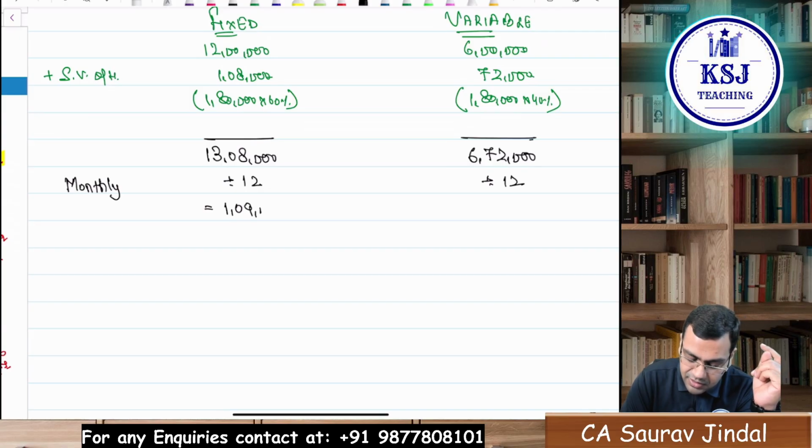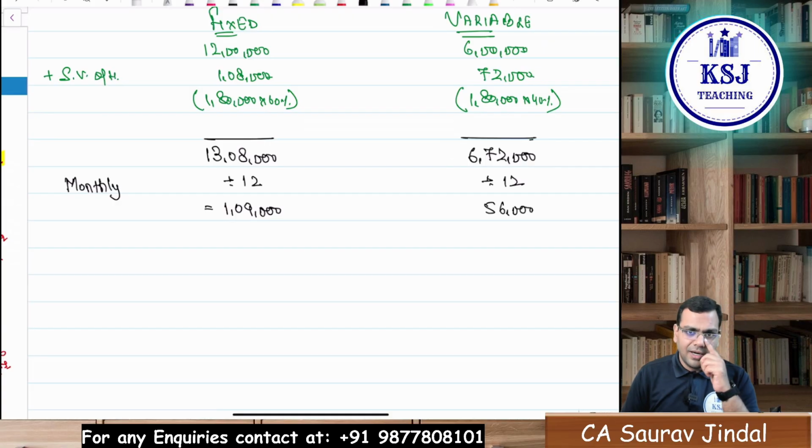This is your monthly standards, right? And 6 lakh 72,000 divided by 12 will give me 56,000. Whether it will be used or not, I'll see. I just interpreted on the basis that the standards are to be compared with the actuals, and for the comparison, I will have to bring the standards to the monthly part because actuals are given for month.